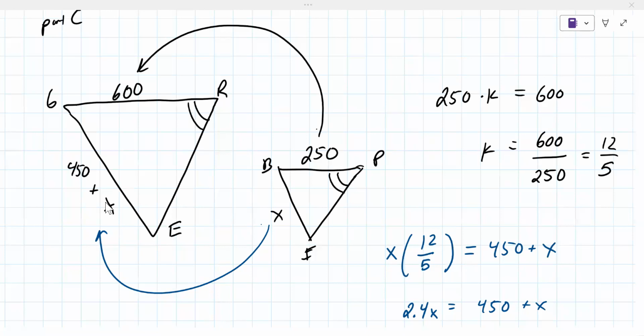X to X plus 450, 2.4 subtract 1.4, from E to, and from P to E. That's interesting. Do you see any mistakes here?